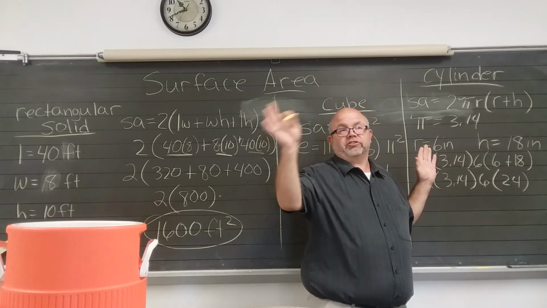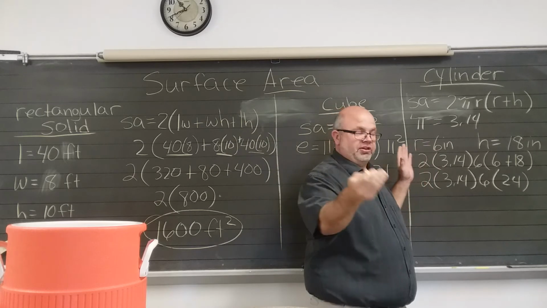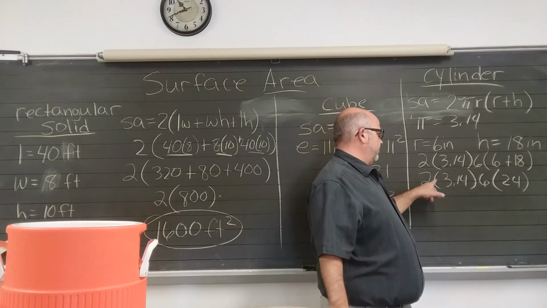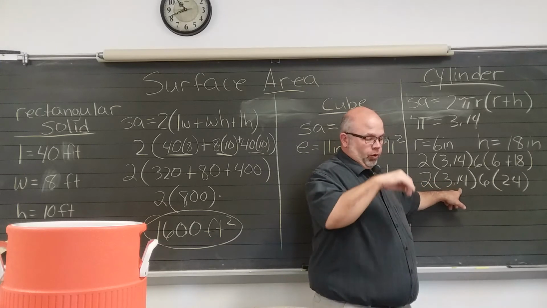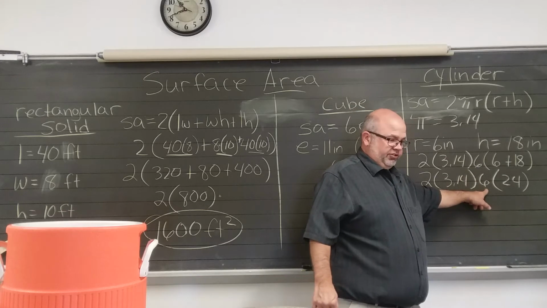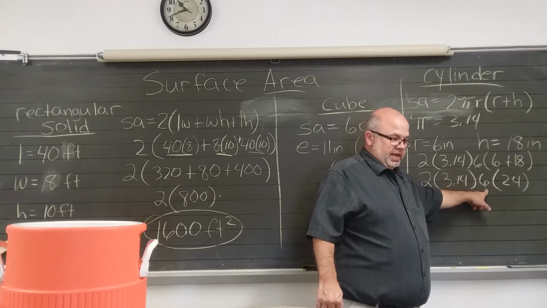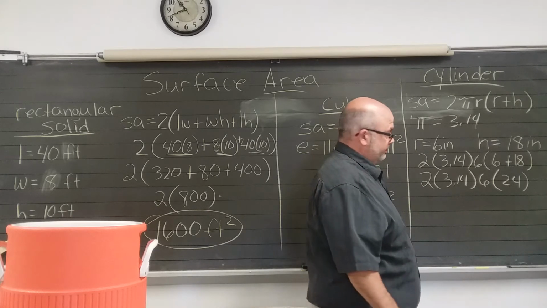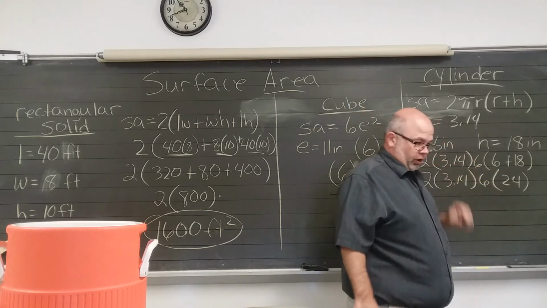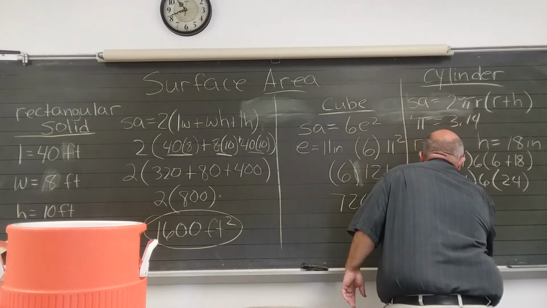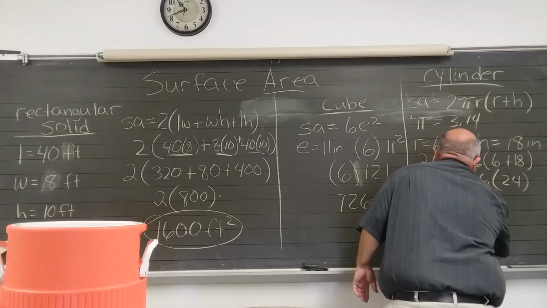If there are 2 places to the right of the decimal, then the decimal goes in 2 places on the answer. 6.28 times 6 is 37.68 times 24 is 904.32.